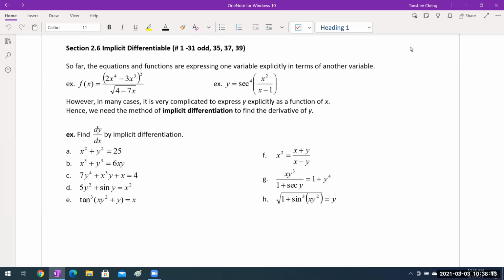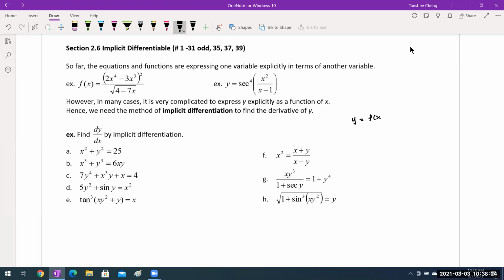The notation that we're going to use in implicit differentiation is Leibniz notation, which is dy/dx. The important part to look at is y as a function of x. So when we take the derivatives of y, we need to carefully look at whether this is a composition function or not.